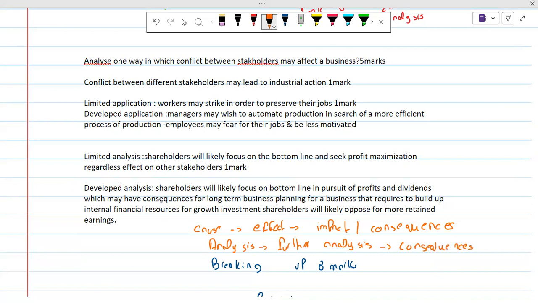Okay, so let's discuss. Shareholders will likely focus on the bottom line in pursuit of profits and dividends.